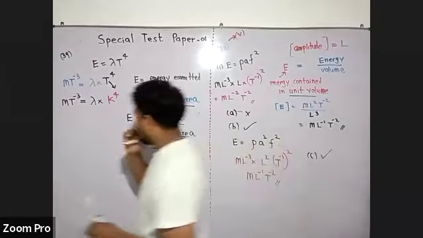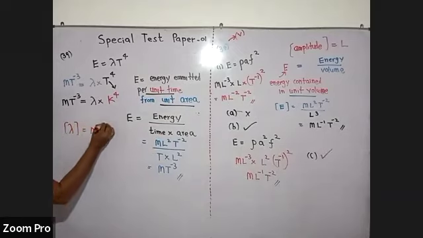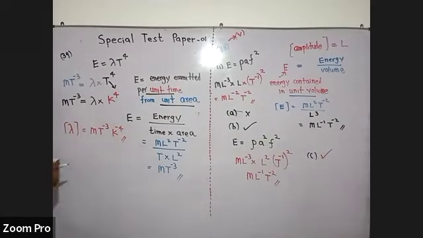So the dimensions of lambda can be considered as MT^-3 K^-4. So this is the answer, the second one.